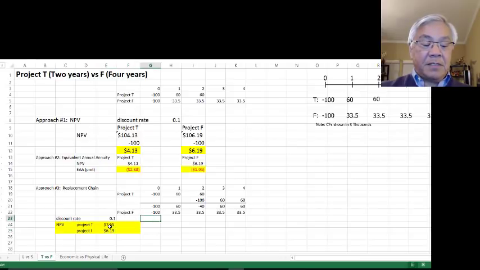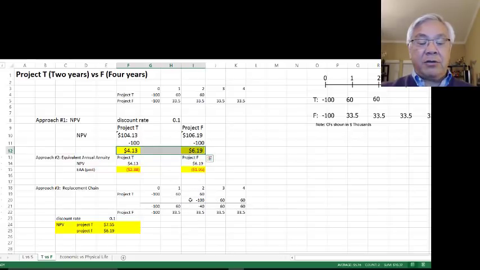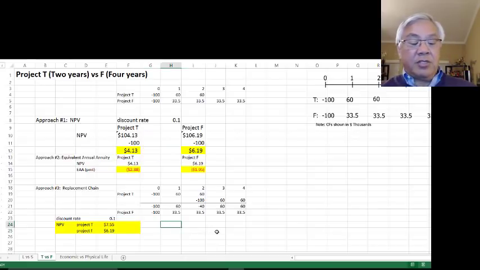So now it flipped. Where project F, if it was compared to a 2-year project of project T, would beat it by $619 versus $413. However, if we link together two project T's, which has the same time frame as one project F, it flips, and we're better off doing project T. Inherently, what the two methods show us is that project T is actually a better project.